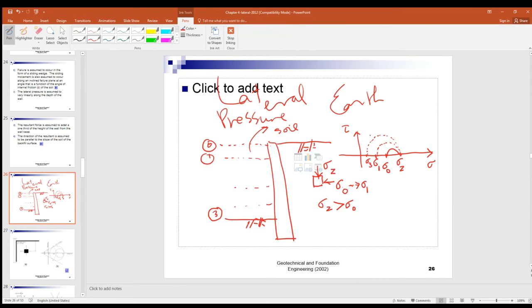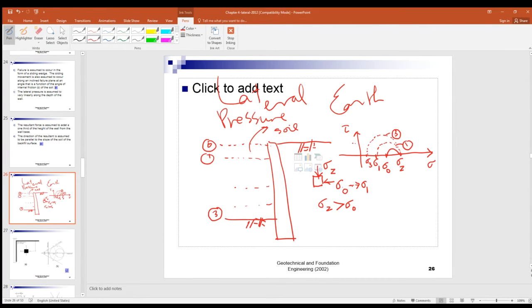Now, this Mohr circle is the Mohr circle for sigma 3, this Mohr circle is for sigma 1, and that solid Mohr circle stands for sigma naught.